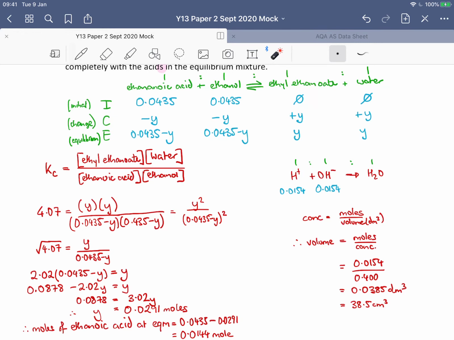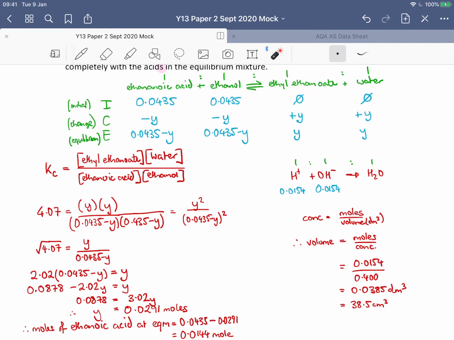We were given ethanoic acid and ethanol at initial. We know that the products must be 0. So we let Y equal the number of moles of ethyl ethanoate, which meant it was the same number of moles of water because it was a 1-to-1 ratio. That meant the change in ethyl ethanoate was plus Y and for water plus Y.